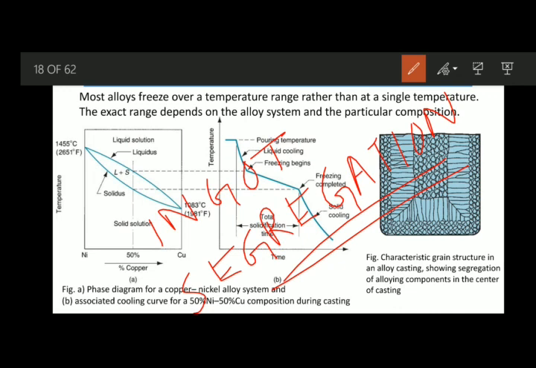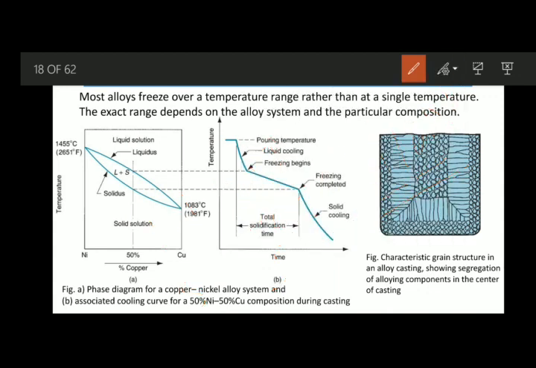Now you might have heard about eutectic alloys. The solidification behavior of eutectic alloys is somewhat similar to that of a pure metal. A eutectic alloy is a particular composition in an alloy system for which the solidus and the liquidus temperature are the same.